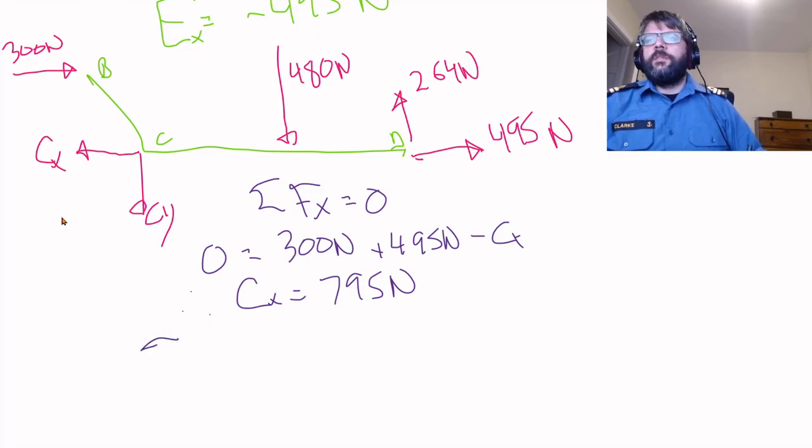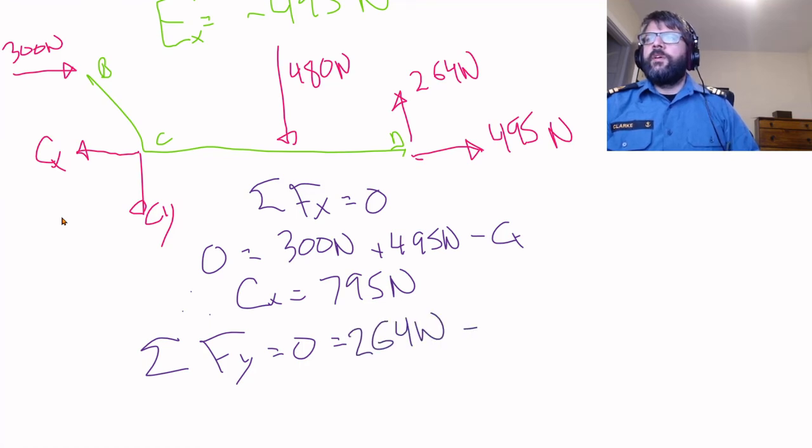Cy: well, the sum of the forces in the y direction is equal to 0. Therefore, 0 is equal to 264 newtons minus 480 newtons minus Cy.